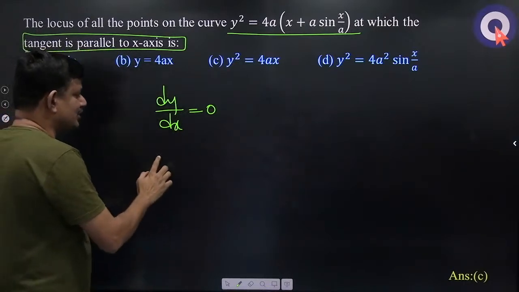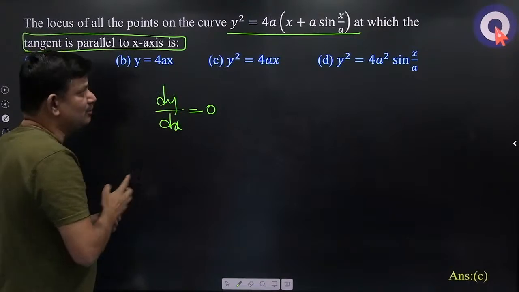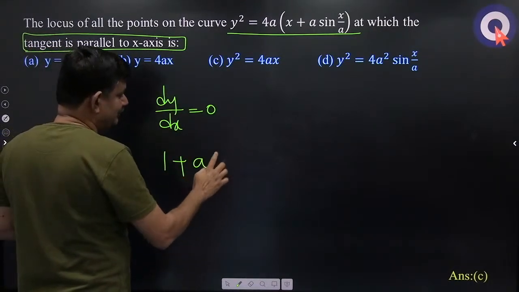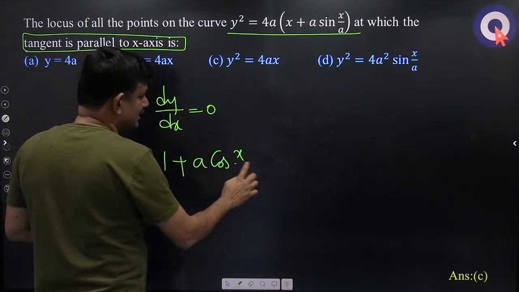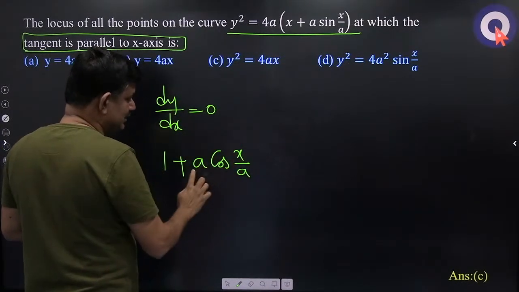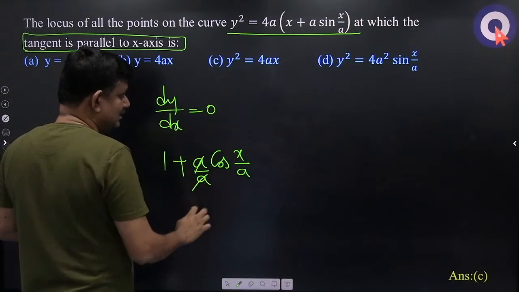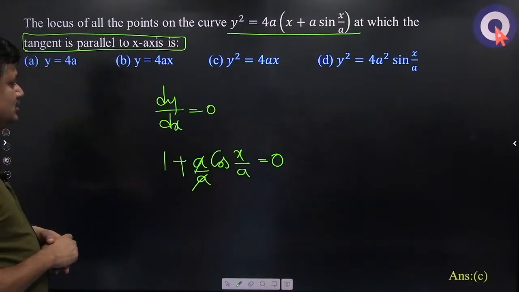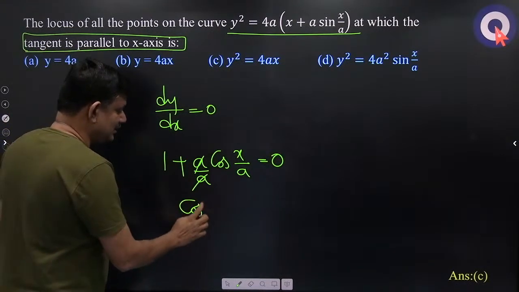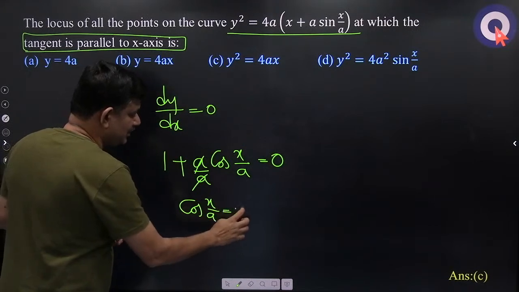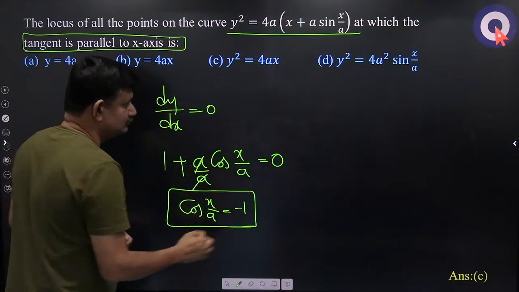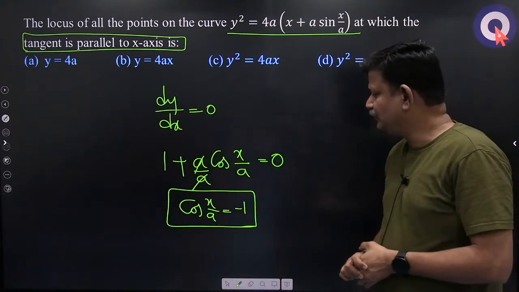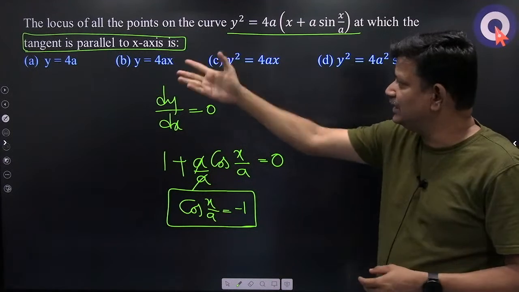4a is anyway a constant, so we get cos of x by a equal to minus 1.